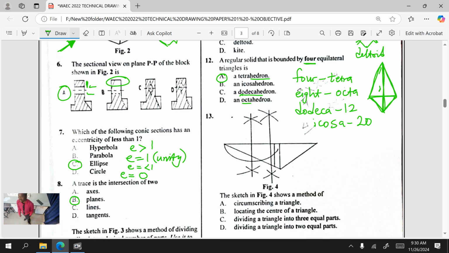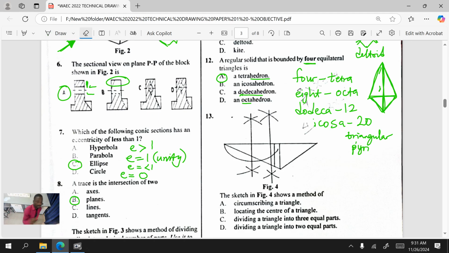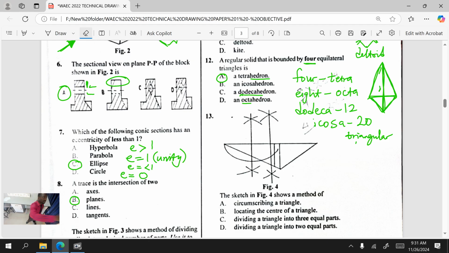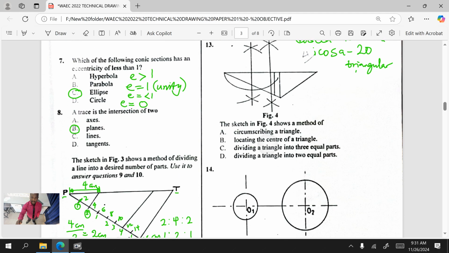So this shape is actually also what we call a triangular prism. Go and look at a triangular prism. So we have a triangular prism, that is the shape that will be formed. Let's go to number 13.